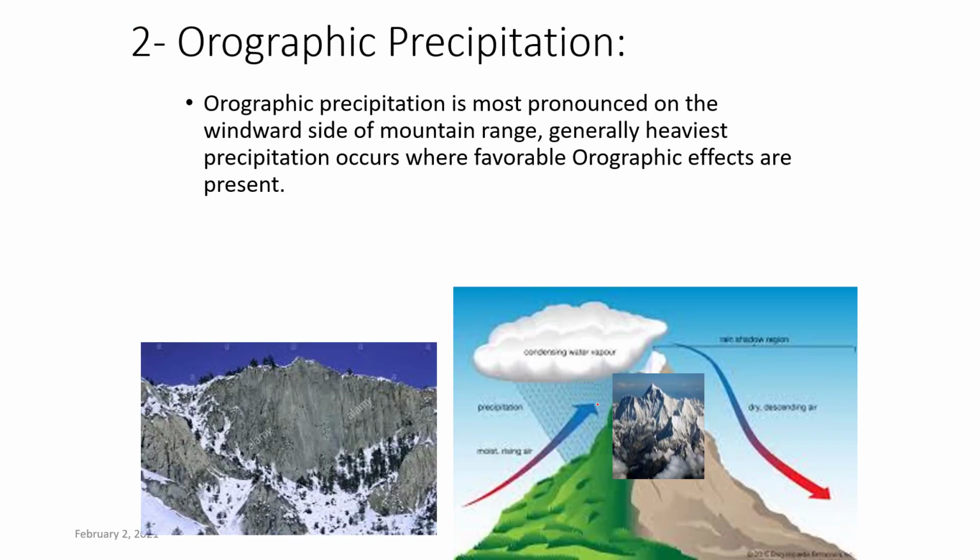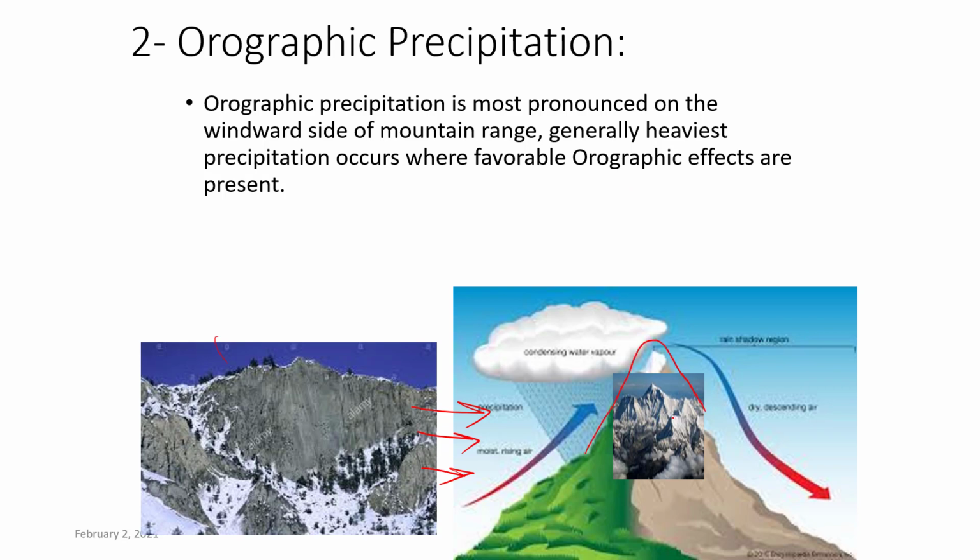This type of precipitation, orographic precipitation, is most pronounced on the windward side of the mountain. Yes, it means the wind is coming from this side. Generally the heaviest precipitation occurs where favorable orographic effects are present.